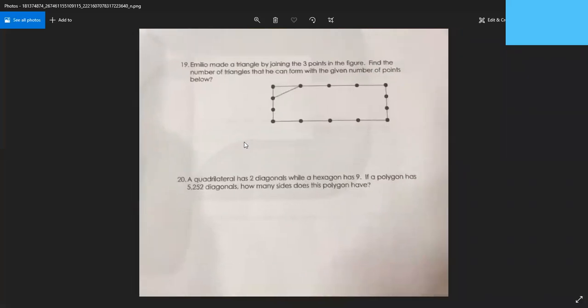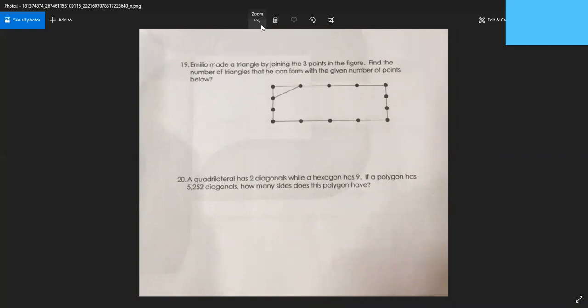So for number 20, this is how we are going to tackle it. We have a formula for the number of diagonals. My dilemma here, that's why I am hesitant to explain this one, is that it will focus on a bigger number. But this is the only way that I see on dealing with this problem.